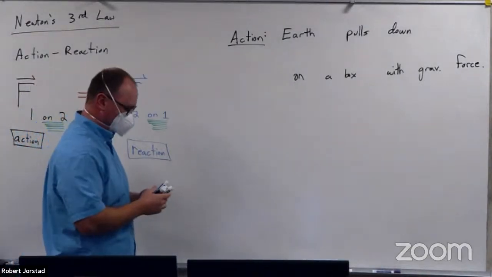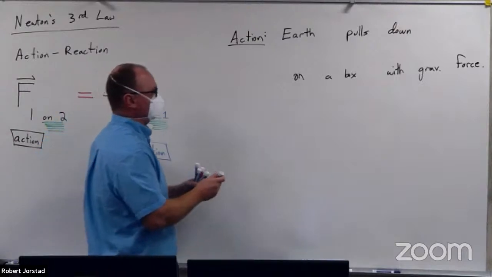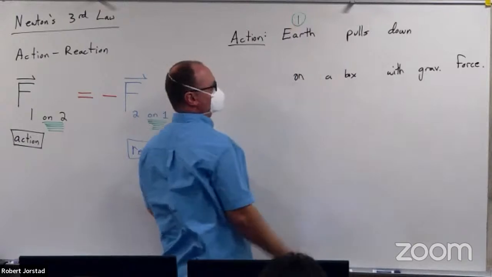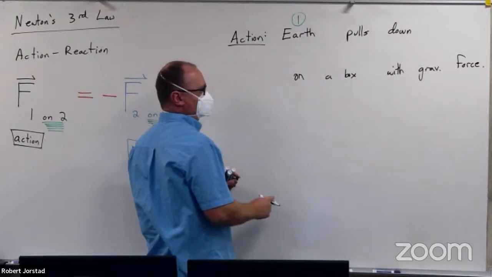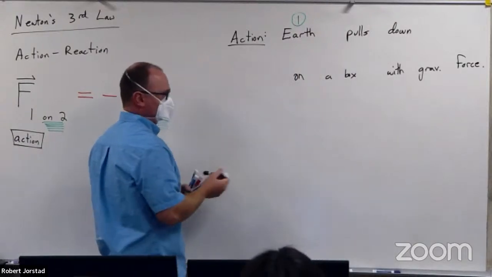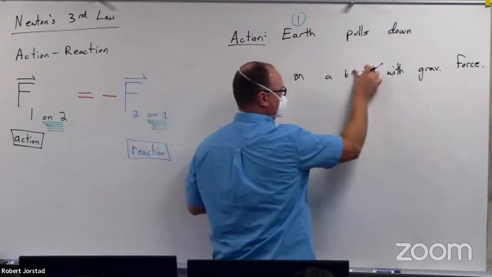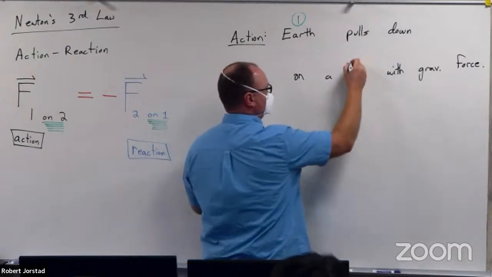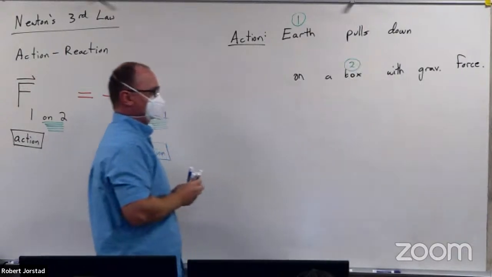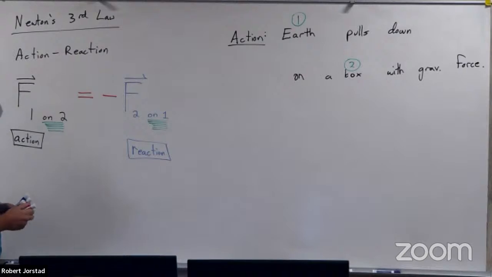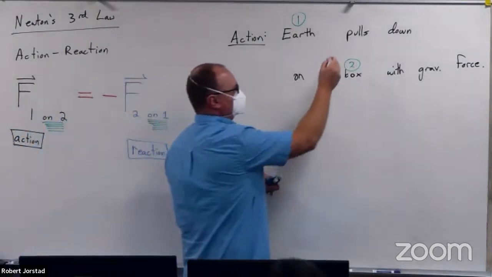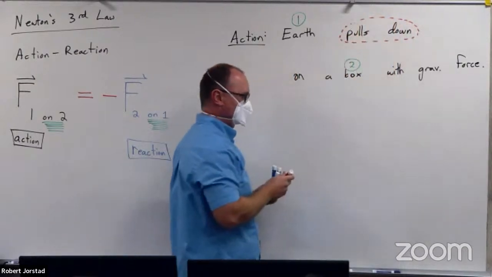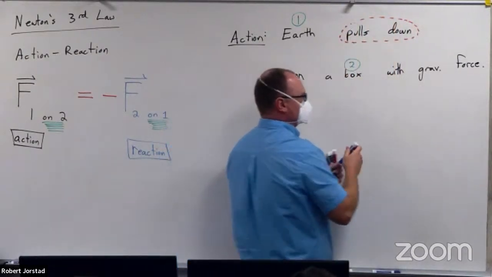In particular, notice it talks about, here's one object. What is the other object? It's the box, and that's kind of sloppy, so let me write that a little bit better. There's two objects. Okay. Notice there's a direction. And there's a type of force.